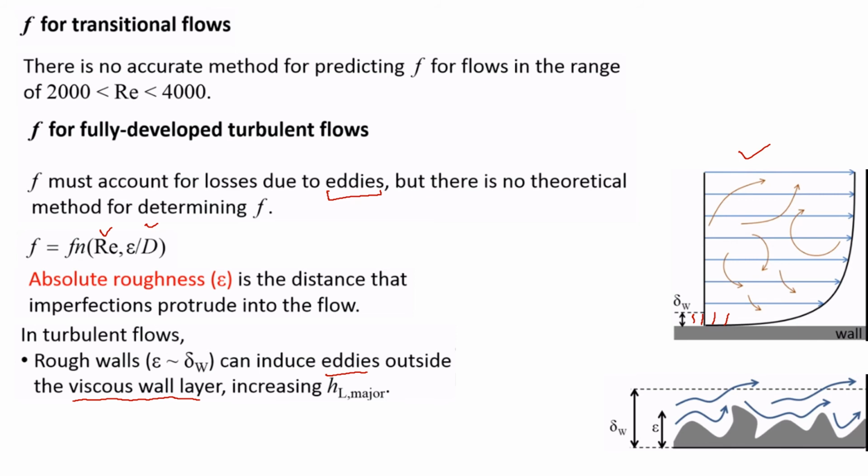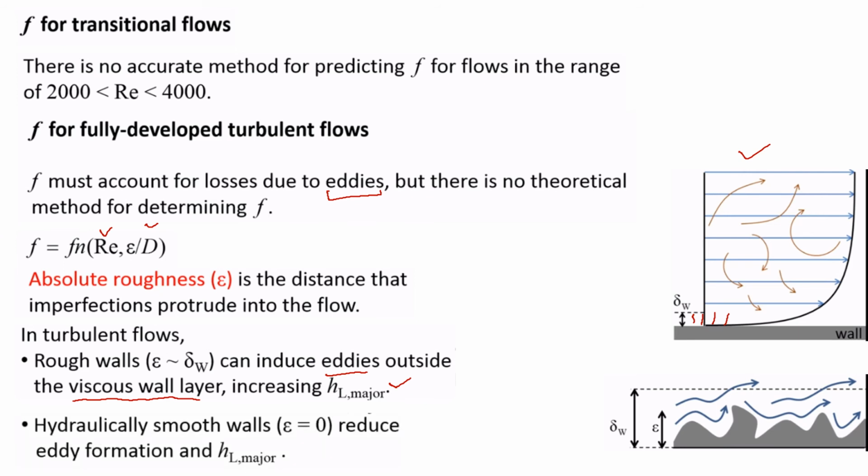So here, as you can see, the eddies disturb the viscous sublayer, and they also result in increased major head loss. For concrete pipes, you can say that there will be a lot of eddies, because concrete pipes are not that smooth. Plastic pipes or steel pipes are smooth compared to concrete pipes.